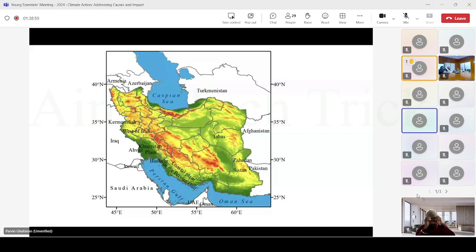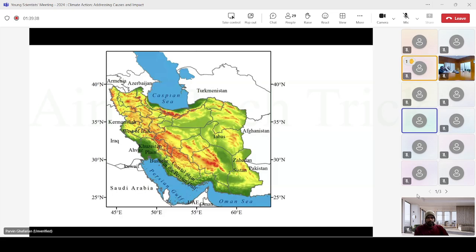The coastal plain of the Caspian Sea receives more than 1,500 millimeters of rain annually, with rainfall distributed relatively evenly throughout the year. The southern coastal plain of the Persian Gulf and the Gulf of Oman have mild winters and very hot, humid summers. Iran's climate is colder than neighboring countries like Iraq and Turkmenistan due to its higher elevation.